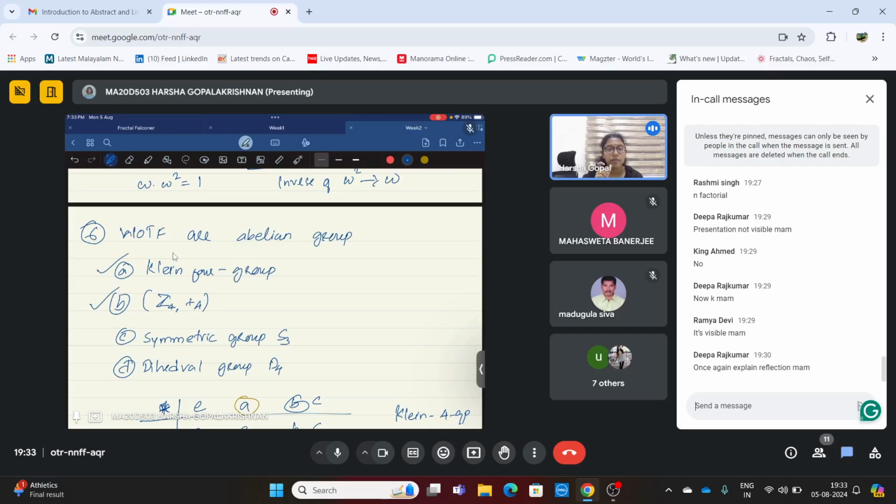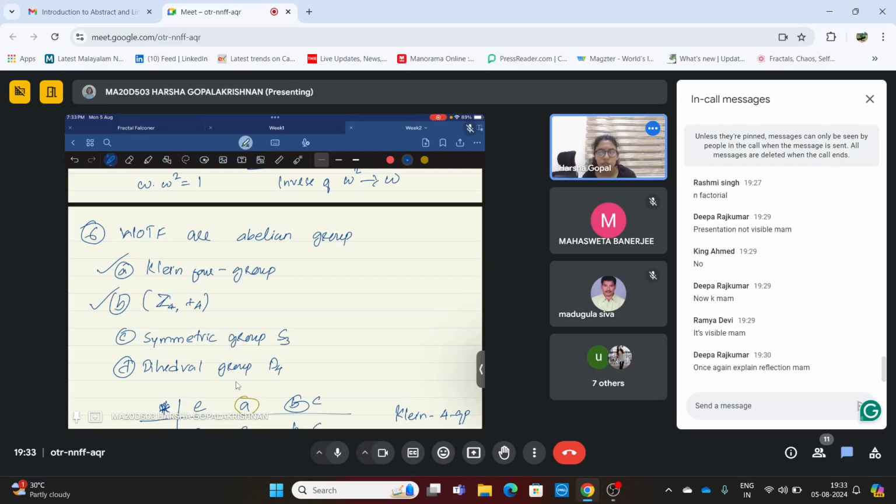So abelian means A star B equals B star A. That means f composite g equals g composite f. So the basic question is whether this composition operation is commutative. Function composition, so what can you say about that? Symmetric group S3 is abelian or not? This is the same as asking whether the composition is commutative or not.